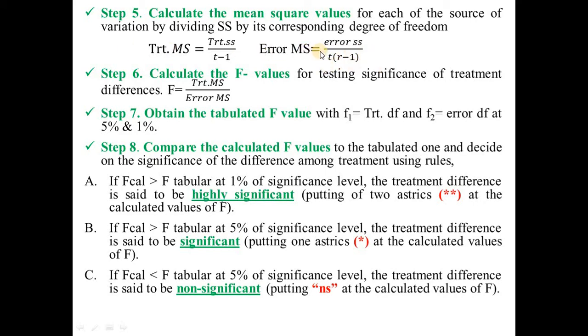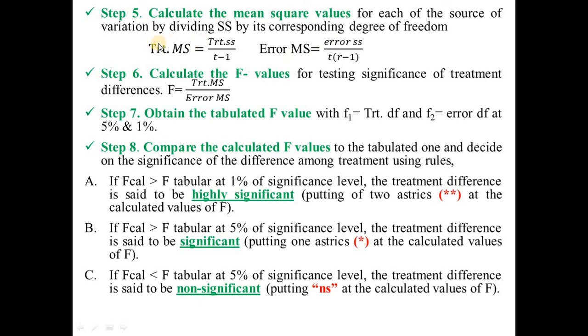And then after we have got the treatment and error mean square values, we have to calculate the F value, or F calculated value, for testing the significance of treatment differences. F calculated is obtained by dividing the treatment mean square value by the error mean square value.